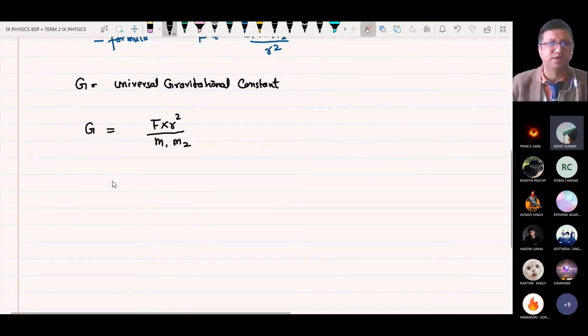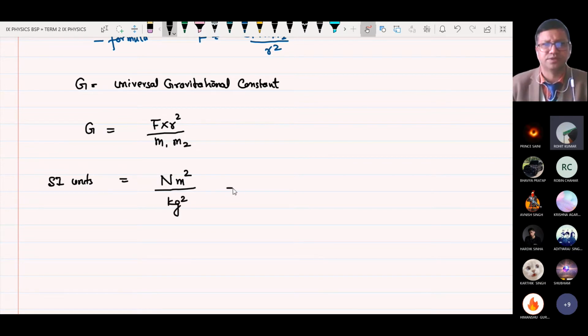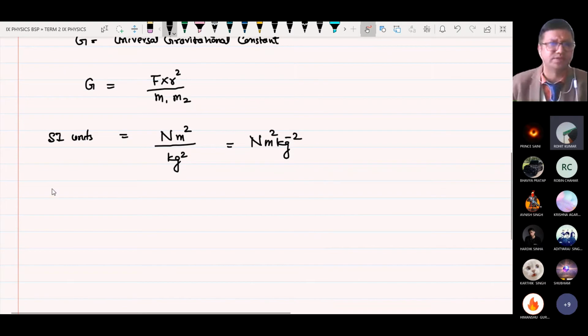If you want to calculate the units, that also you can calculate: F का हो गया न्यूटन, डिस्टेंस का हो गया मीटर स्क्वायर, और मास का हो गया किलोग्राम स्क्वायर. So it becomes newton metre square per kilogram square. This is in SI units. और अगर आपको CGS में जाना है तो क्या आ जाएगा?